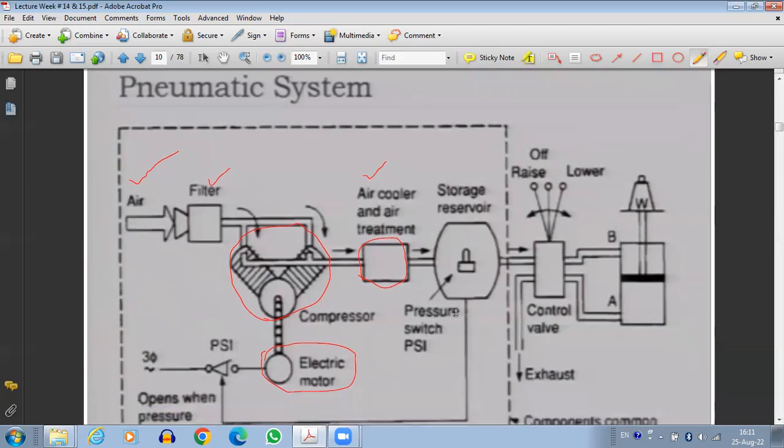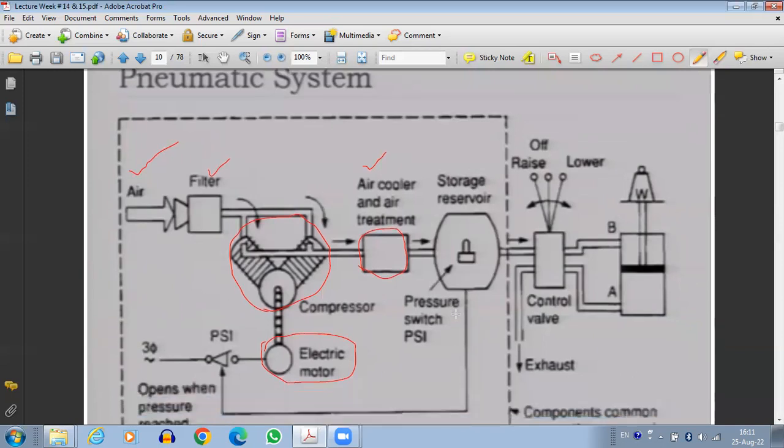Once the storage is there, what are the main functions of the storage reservoir here? Because this is an air system, and normally gas systems or air systems require some time to produce the high pressure. It's not instantly generated.